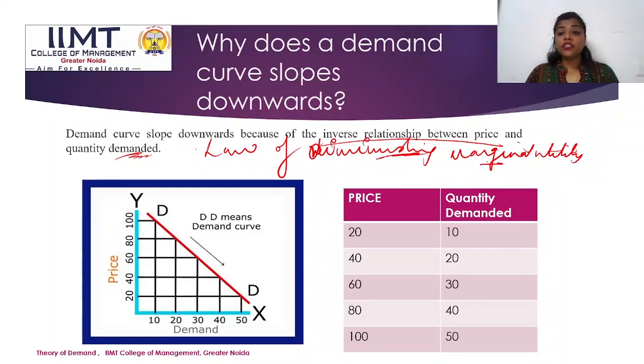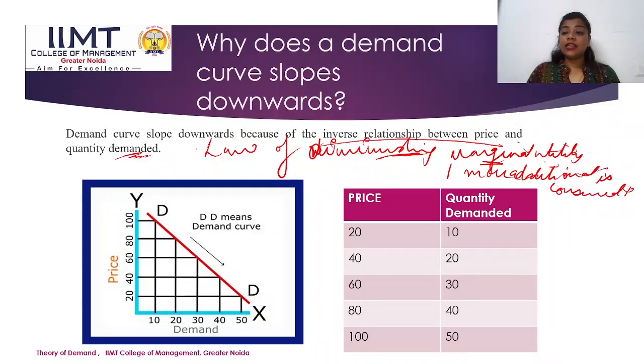What is diminishing marginal utility? It says as one more additional unit is consumed, the satisfaction, the utility decreases.